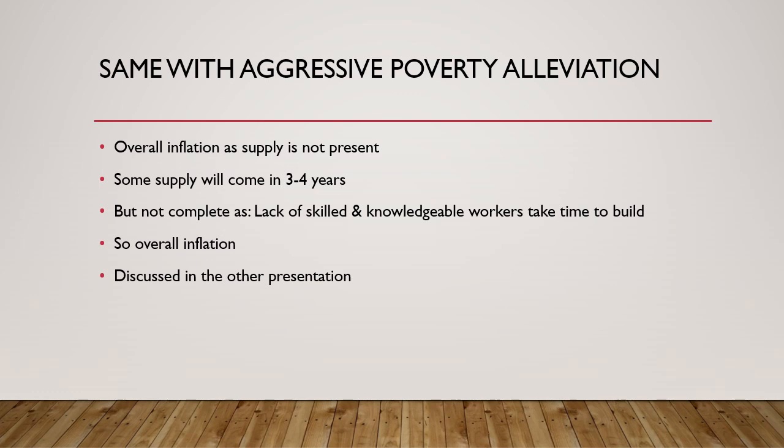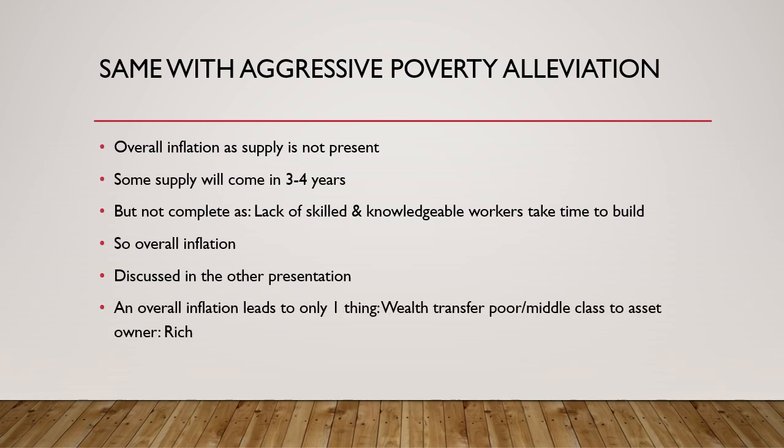And we have discussed this in some other presentations about inflation and money supply, but I'll discuss it briefly here. Inflation overall in the economy, if it goes on for a longer time, leads to one thing, which is wealth transfer from poor or middle class to asset owners who are usually rich people.